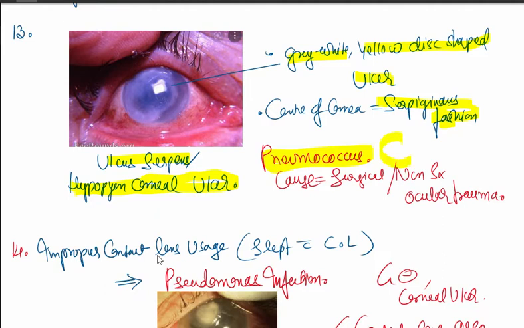Pneumo मतलब ऐसे ही ऐसे गोल गोल. So how can it happen? Pneumococcus causes serpiginous ulcer due to surgical or non-surgical ocular trauma.